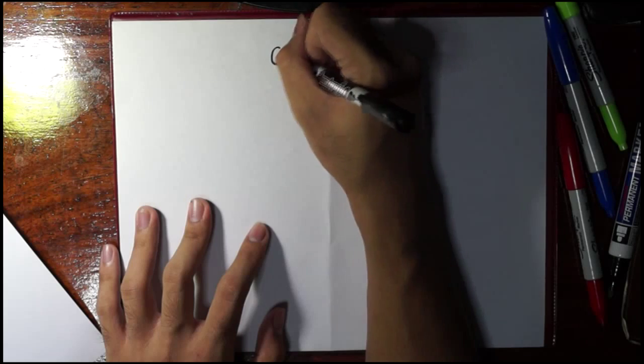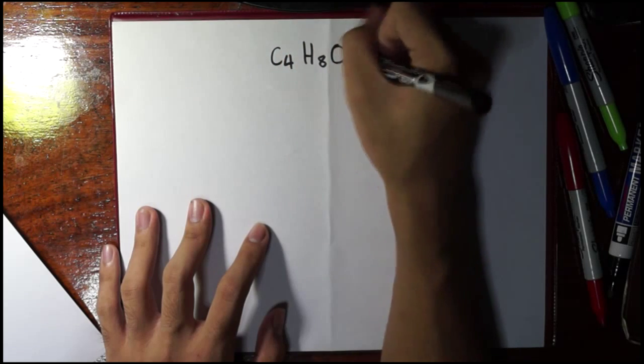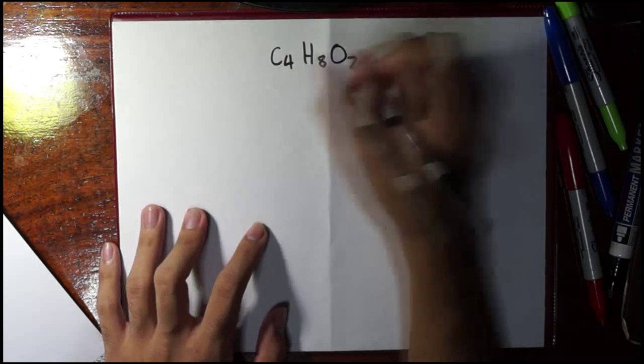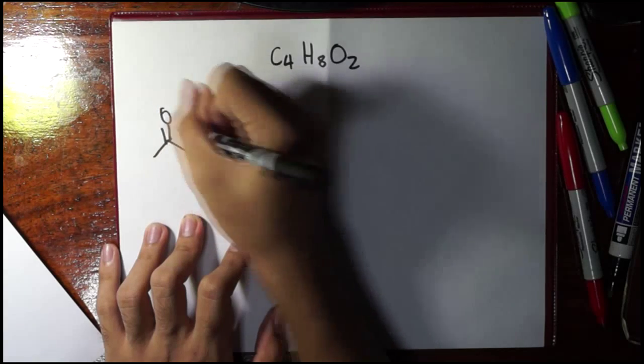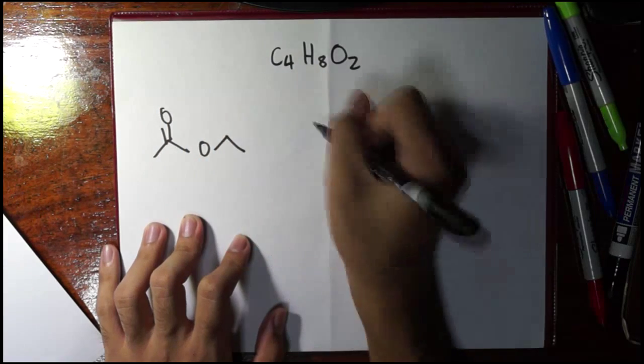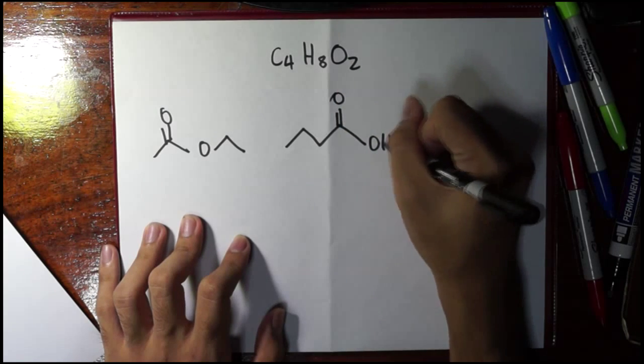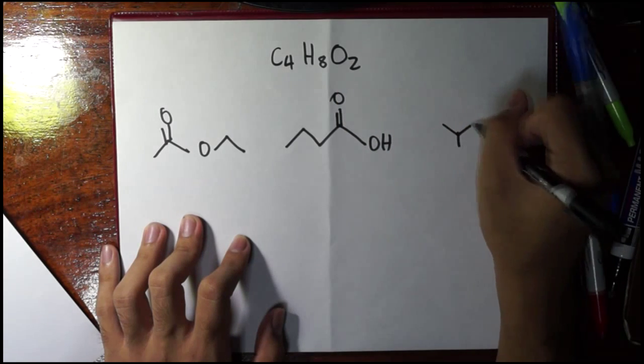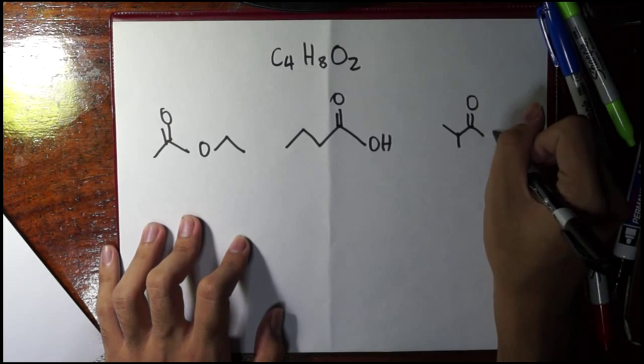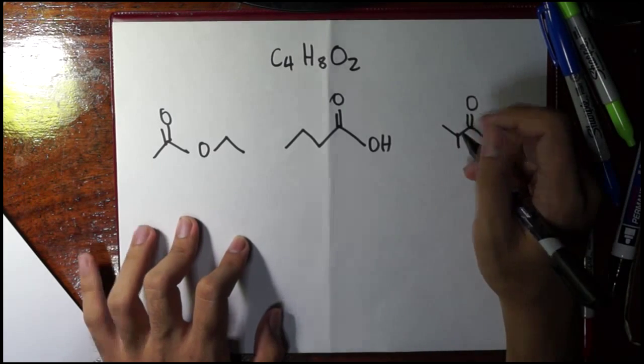For example, what's in the handout is C4H8O2. I have three formulas drawn there, and they all look something like this. Look at this.